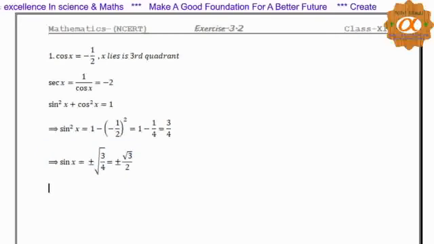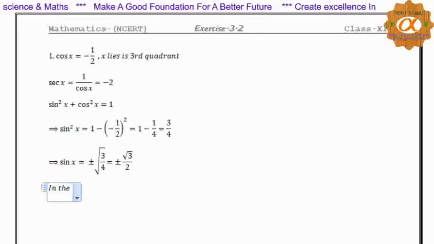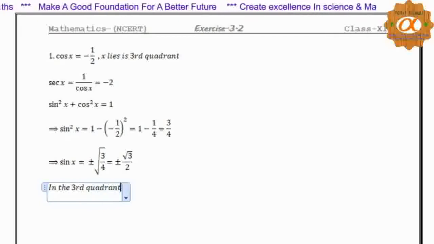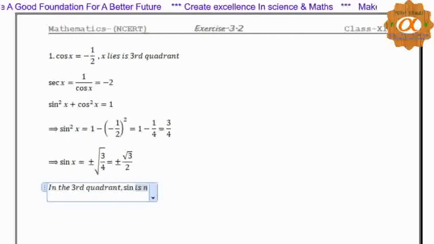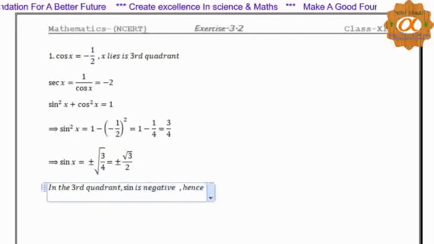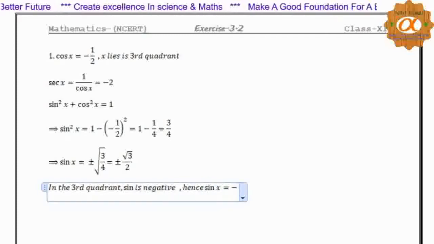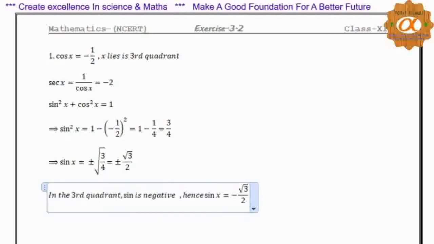Now we have to decide the sign. In the third quadrant, sin is negative, hence we take the negative value, that is sin x is equal to minus root 3 by 2.